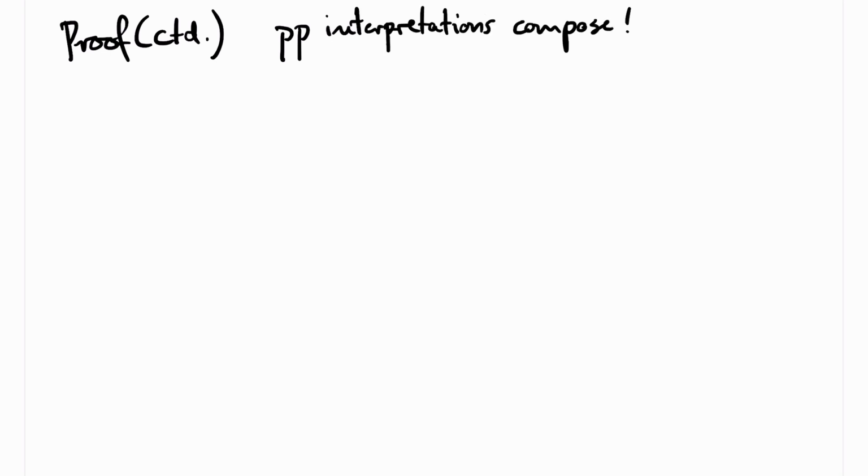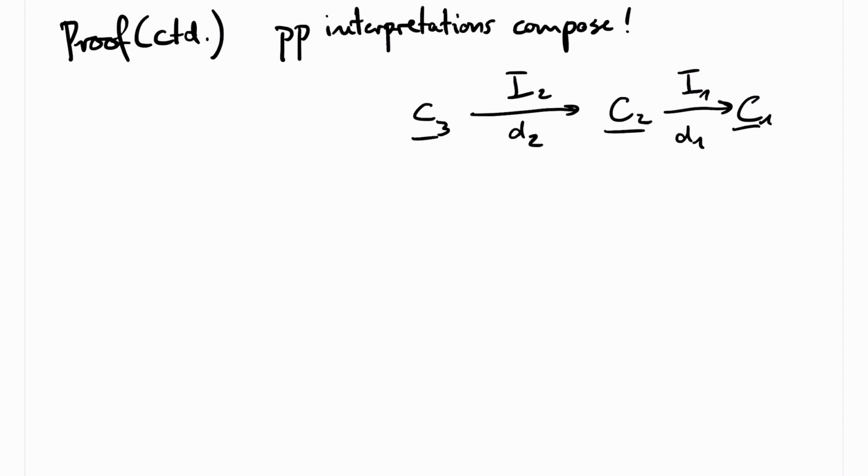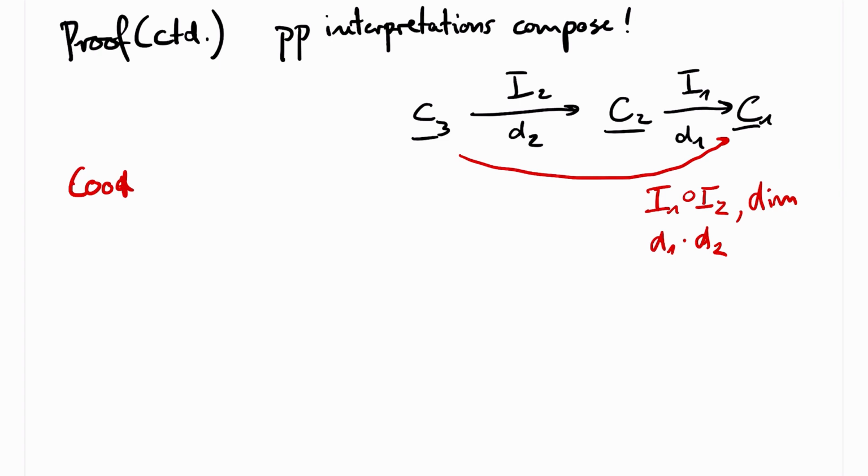The final piece in the proof is the verification that primitive positive interpretations compose. By this I mean that if C1 has a PP interpretation I1 in C2, and C2 has a PP interpretation I2 in C3, then there is also a PP interpretation of C1 directly in C3. In fact, there is a canonical way to compose the two interpretations to obtain an interpretation whose dimension is the product of the dimensions of I1 and I2.